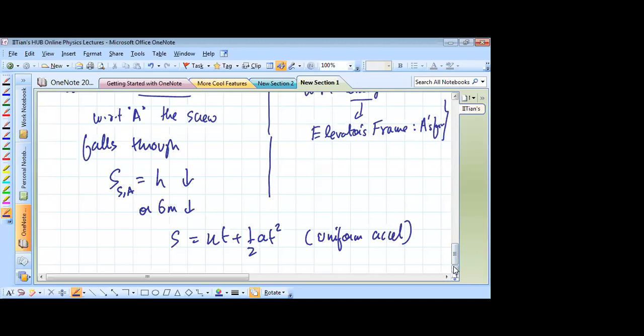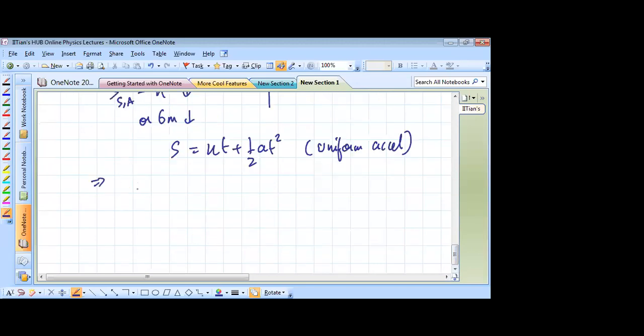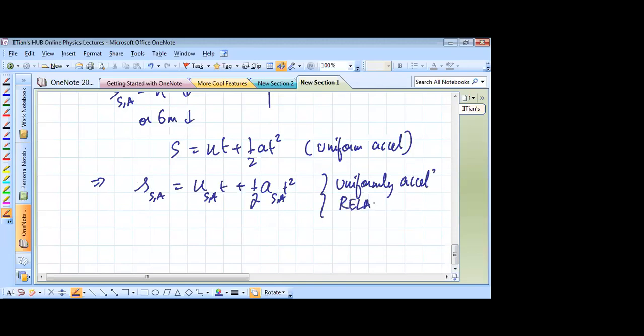So here we convert it to a relative motion equation. We say that the relative displacement of the screw with respect to E is the initial velocity of the screw with respect to E into time. So this is uniformly accelerated relative motion.